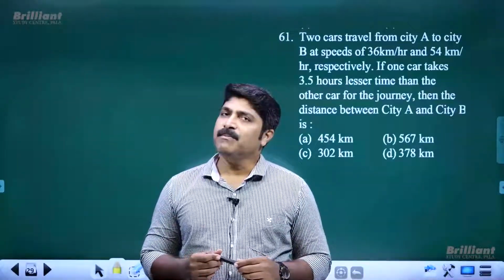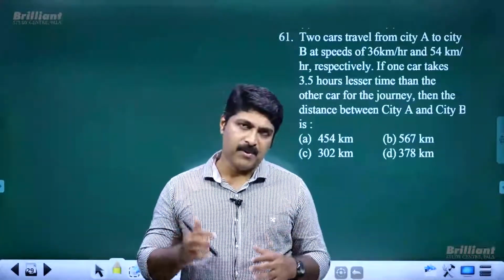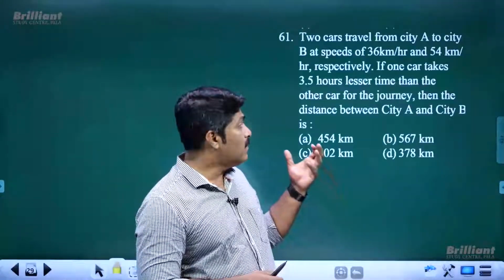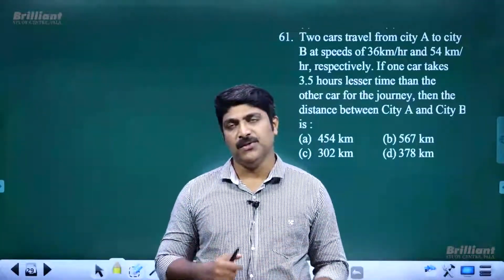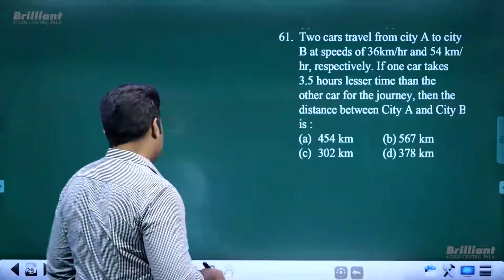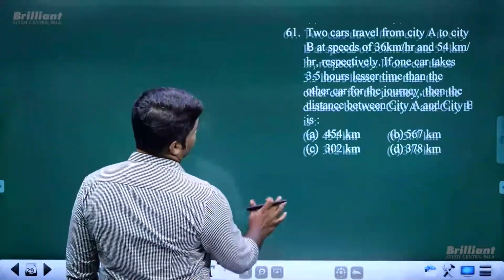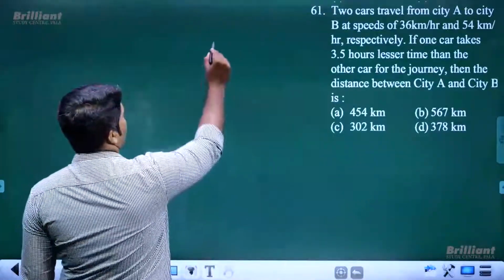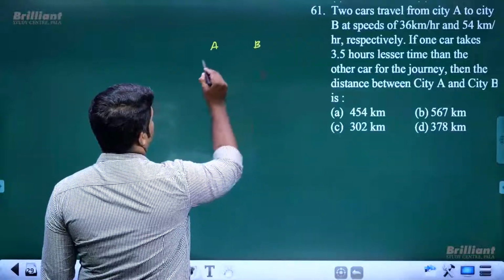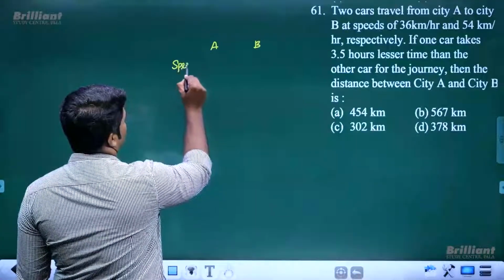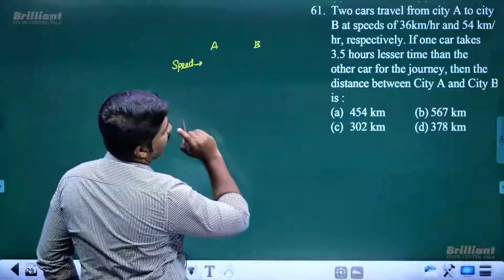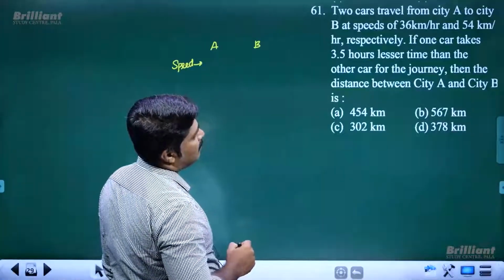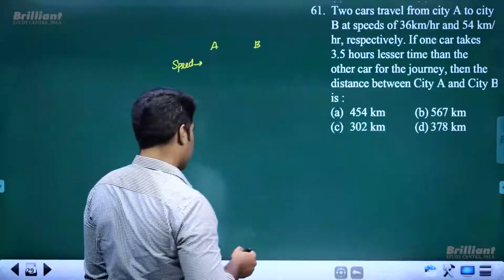Here you have to make a ratio-wise approach in such a type of question. First of all, here we have the speeds of both the cars. So first we have to frame a ratio between the speeds. It is given that the speed of the first car from A to B is 36 km per hour and another one is 54 km per hour.